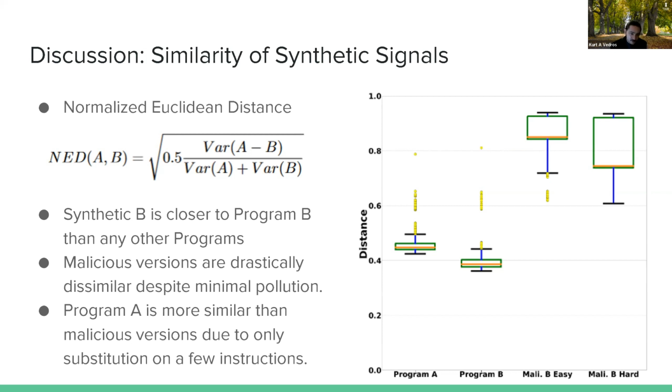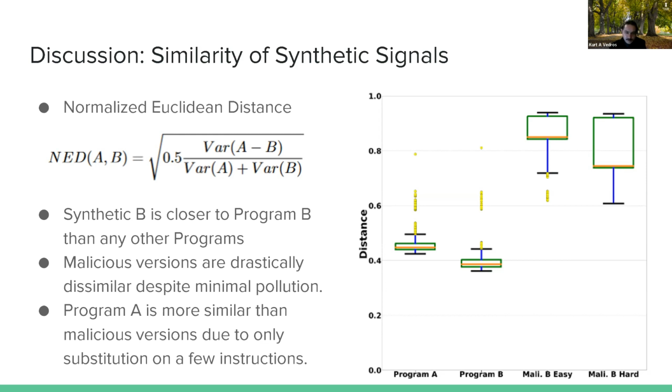Both the malicious versions were drastically dissimilar despite the low number of malicious instructions that were injected. And interestingly, program A bears higher similarity to the synthetic samples in comparison to the malicious samples.